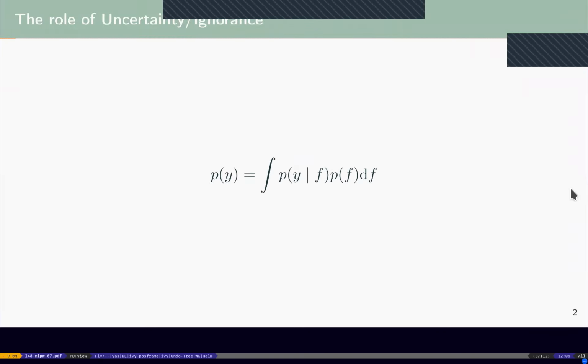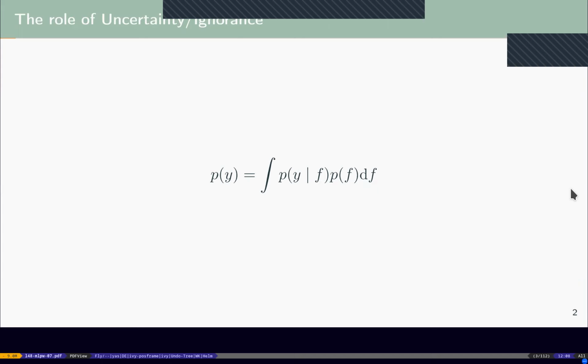So just to continue, what do we do with uncertainty? The first thing we looked at was the example where we had model uncertainty. In this case, we had some form of ignorance that we parameterized over our function space or hypothesis space, and we integrated this out, and then we reached a posterior to do a prediction.